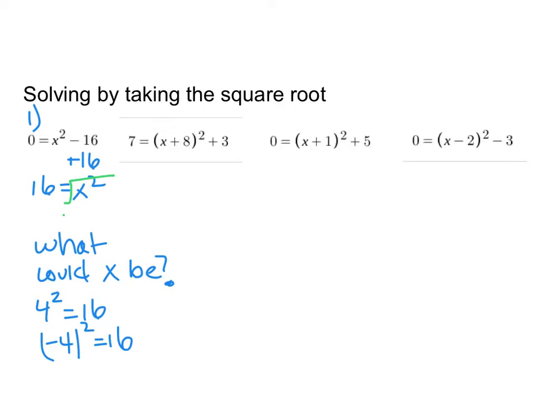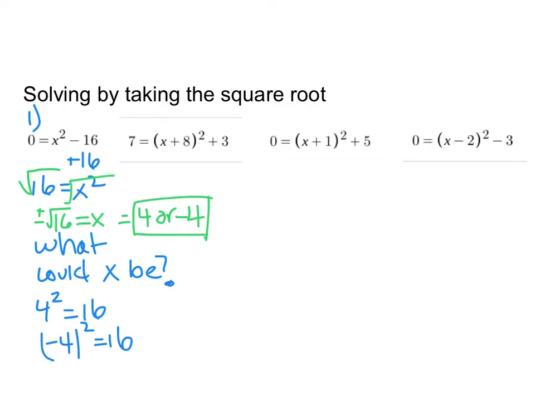Why is that doing that? So in this case, we say that it equals plus or minus the square root of 16, gives us x, which is obviously either 4 or negative 4. Let's do the next one together too, and then I'll have you try the last two on your own.